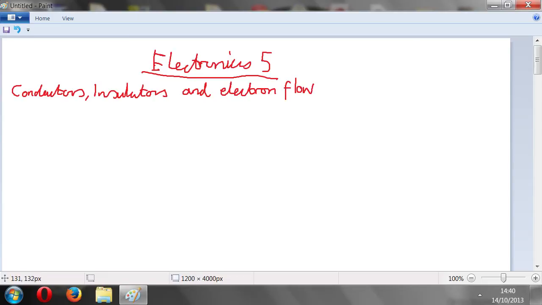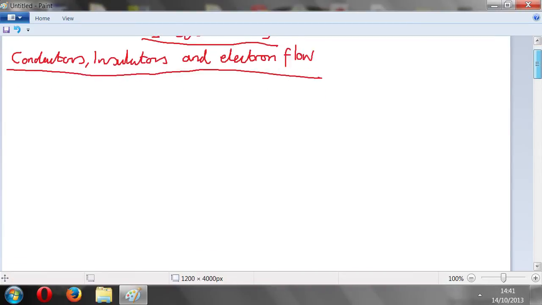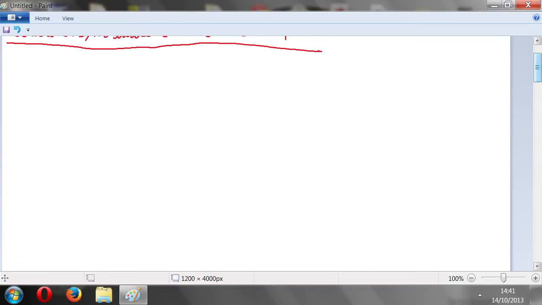This is where we move on. It's still at the chemistry stage, I suppose, but it is going to be more specifically about electricity.